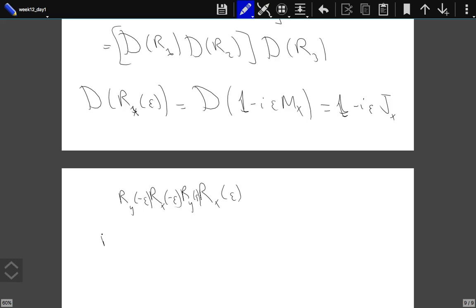Now, we were looking at this thing. This was equal to the expectation value of this product. Well, that product we were simplifying, and so that product just became this one.